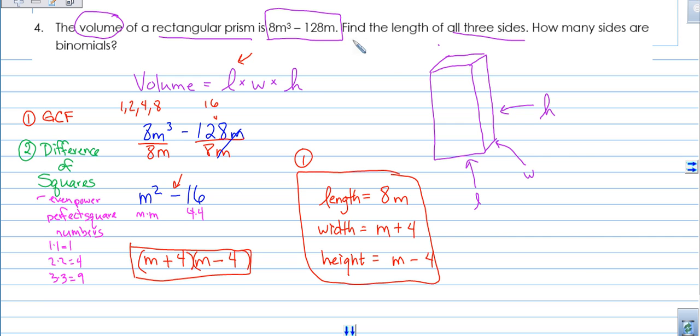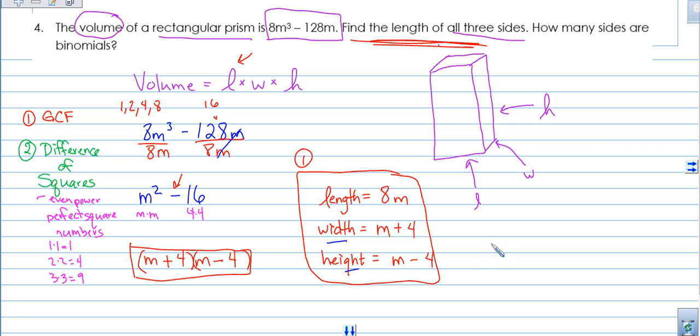Okay? Find the length of all three sides. Now it says how many sides are binomials? Well, binomial means it's two terms. Doesn't necessarily mean it has two things in it. It means it has two terms. So something separated by one sign. So if you look, our width and our height have one thing separated by a sign and another thing.